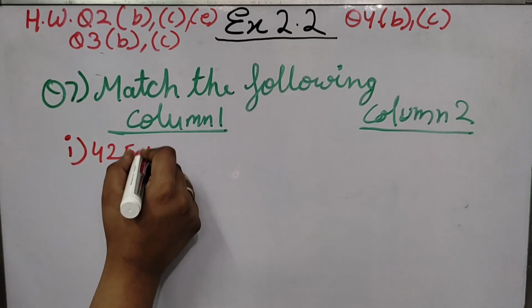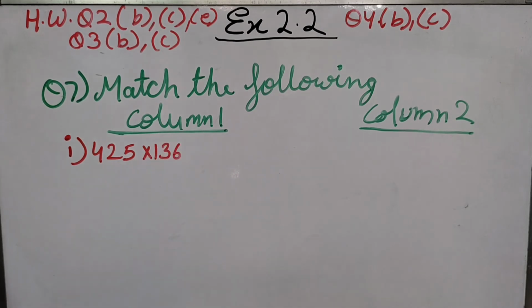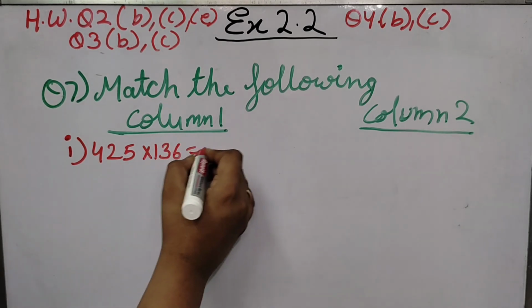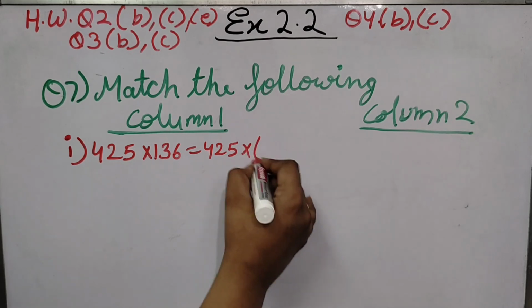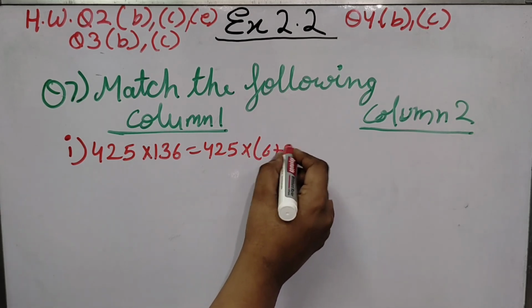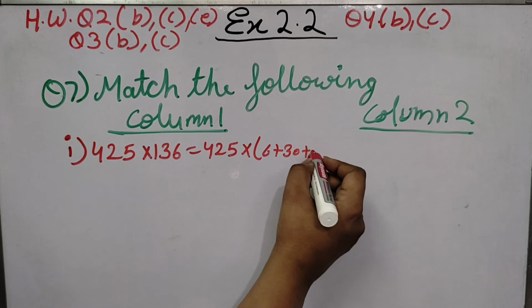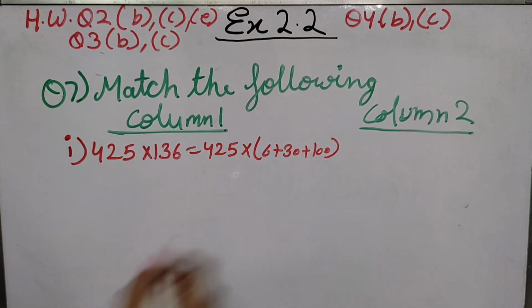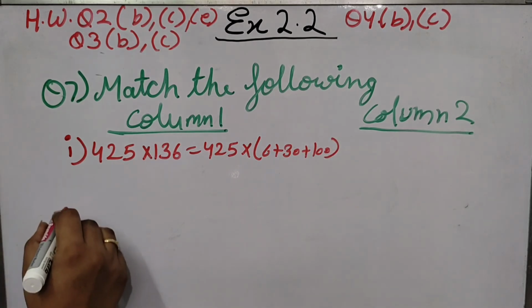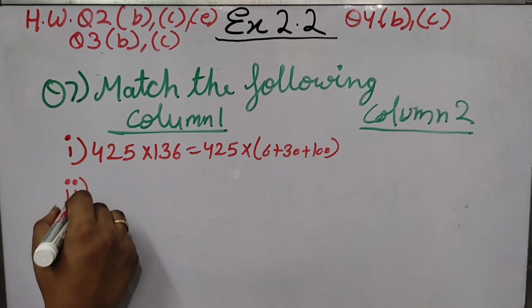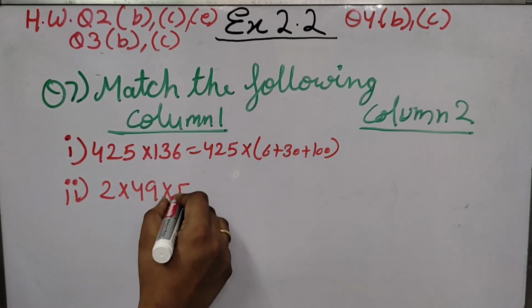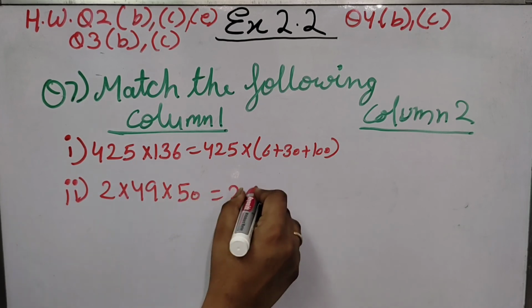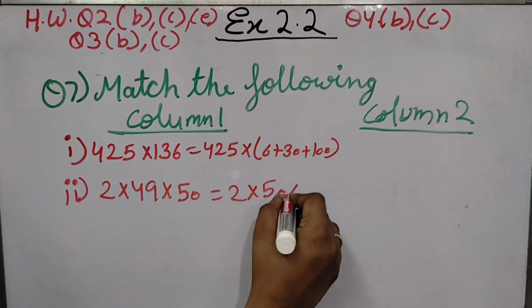Column 1 for part first is 425 multiplied with 136 is equal to 425 multiplied with 6 plus 30 plus 100. Second part, 2 multiply 49 multiply 50 is equal to 2 multiply 50 multiply 49.